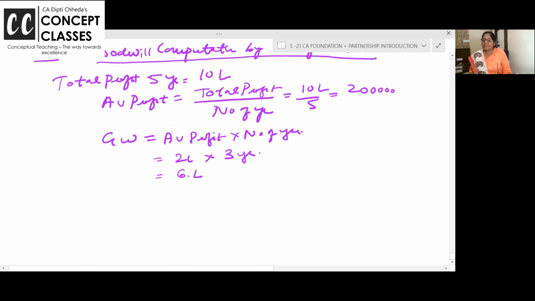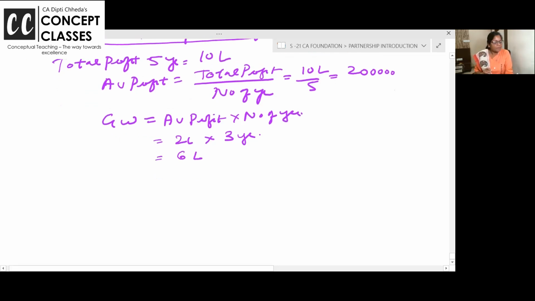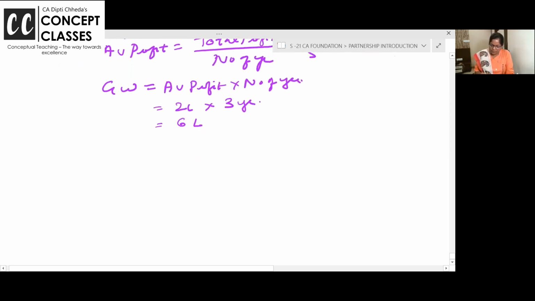Six lakhs. 6 lakhs is the value of the goodwill. Okay. Now there is just change in the profit sharing ratio. So sacrificing partner's account should be credited and gaining partner's account should be debited. Okay, right. What is old ratio? Old ratio kitna tha? 3:2:1. What is new ratio?